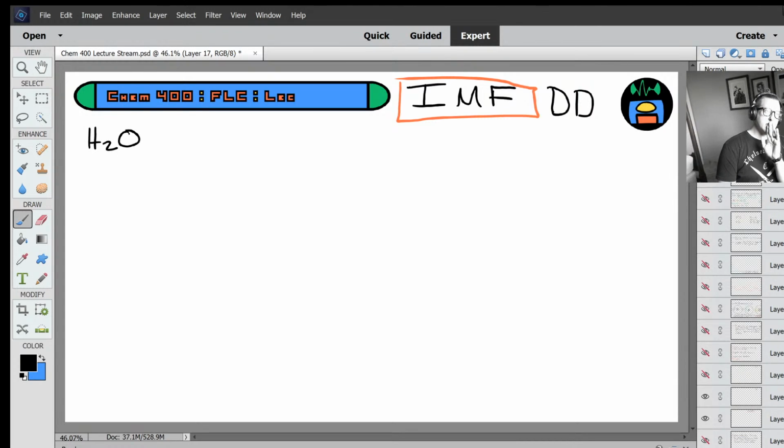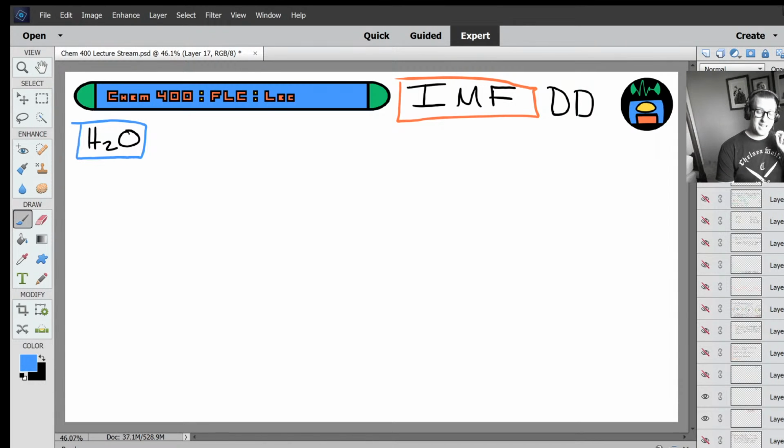Now, it turns out that HF is a simple case because it's linear, right? There's only two atoms in it, and so determining whether or not it has a dipole is very, very easy. But it takes a little more work to determine whether or not there's a dipole moment for molecules that have more than two atoms in them.